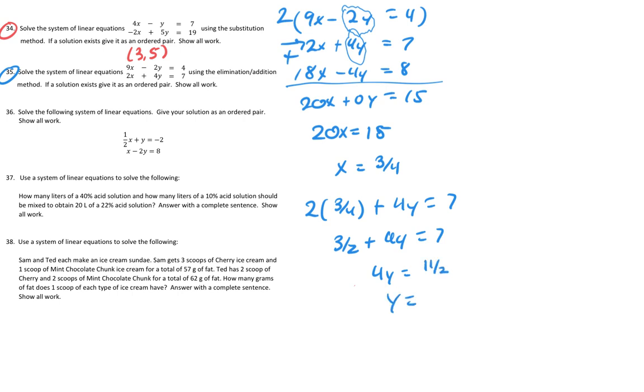And then when we divide both sides by 4, we'll get 11/8. We are to give it as an ordered pair. So (3/4, 11/8).